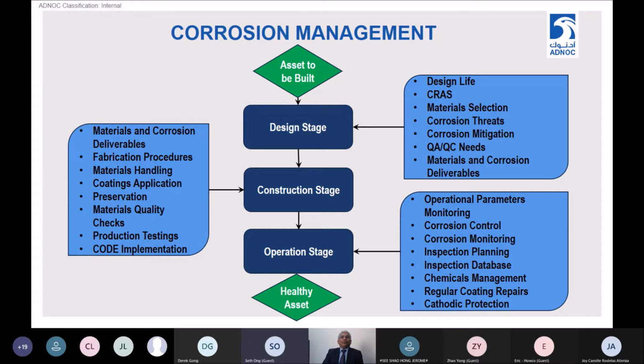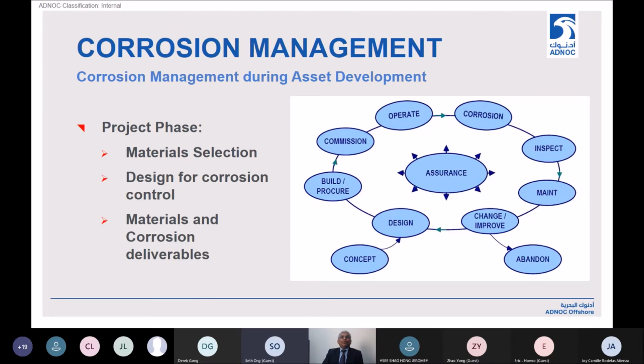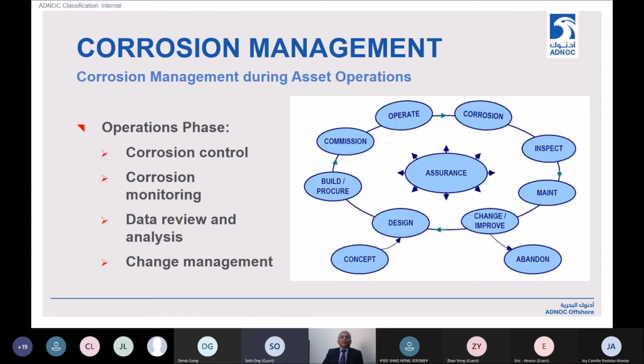Regular coating and coating repairs are a very important aspect to deal with. Cathodic protection undoubtedly goes with most of our subsea and underground structures, which are all protected with cathodic protection effectively to ensure that the assets meet the design level. I touched upon material selection, an important aspect, design for corrosion control, material corrosion deliverables.